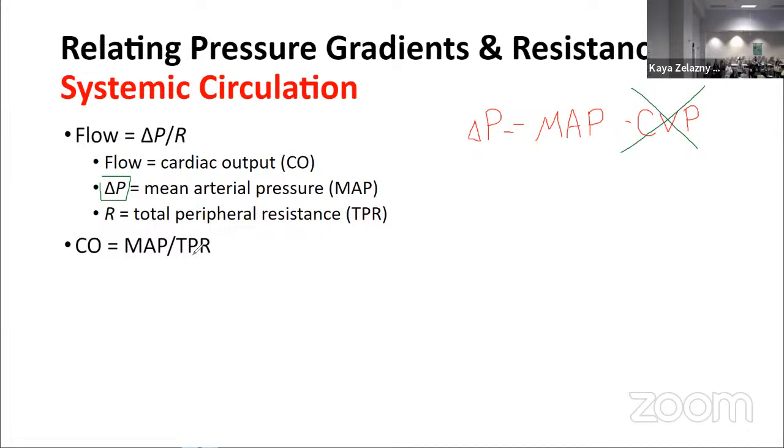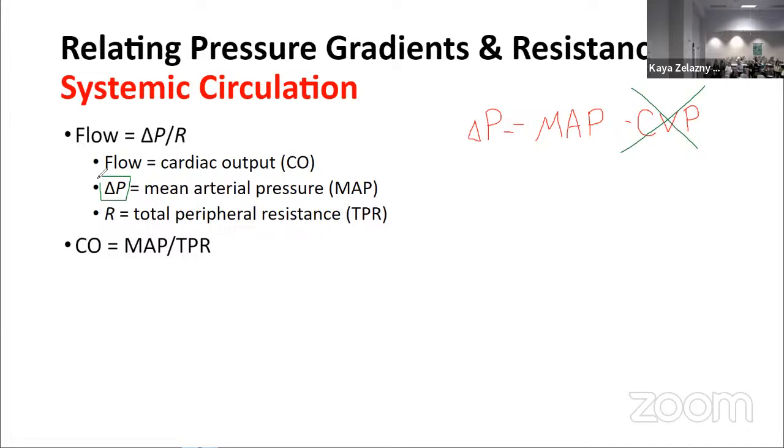So then our resistance is going to be our total peripheral resistance. We'll talk a lot about peripheral resistance as we move forward, but that's essentially the drag, the resistance, the sort of blockage coming from our blood vessels, largely our arterioles. And a lot of that has to do with how narrow, how constricted those arterioles get.